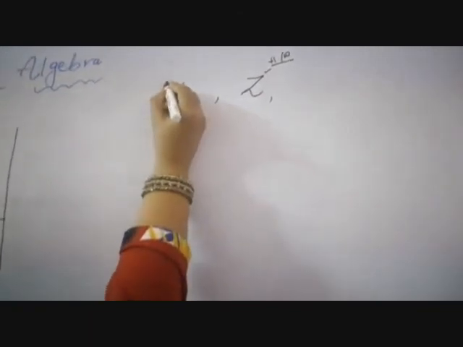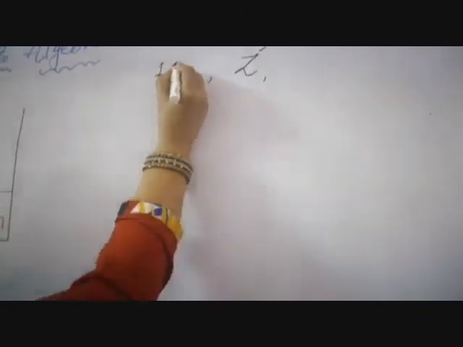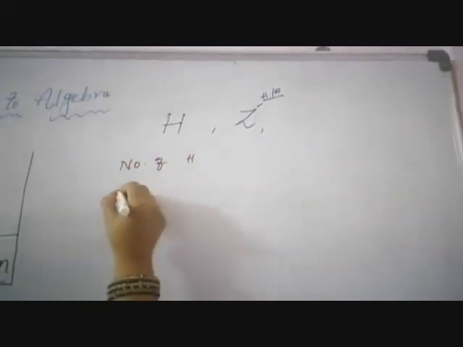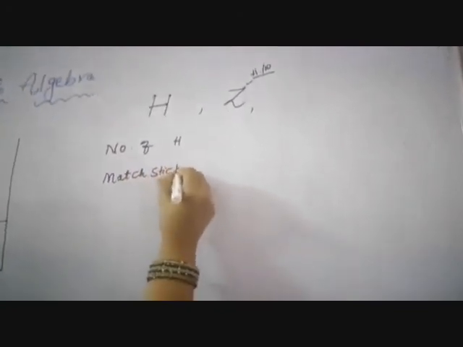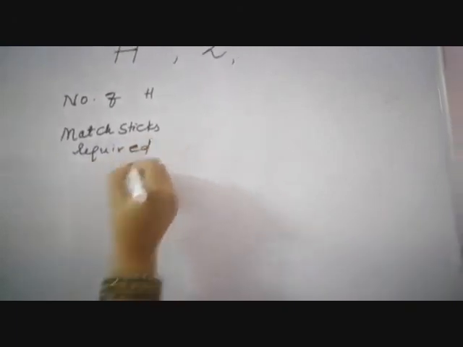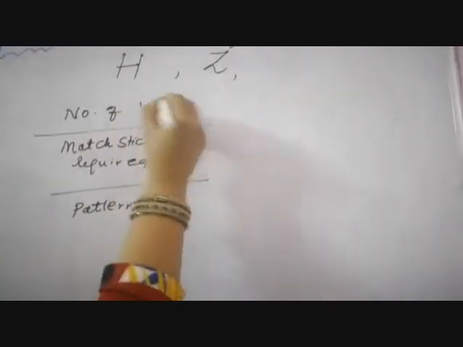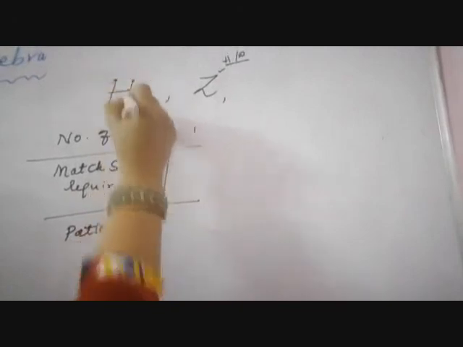How many mastics do we require, children? 1, 2, 3. So we require number of H's, mastics required, and the pattern becomes. So 3 columns, children, always remember. For 1 H, how many mastics do we require, children? 1, 2, 3.